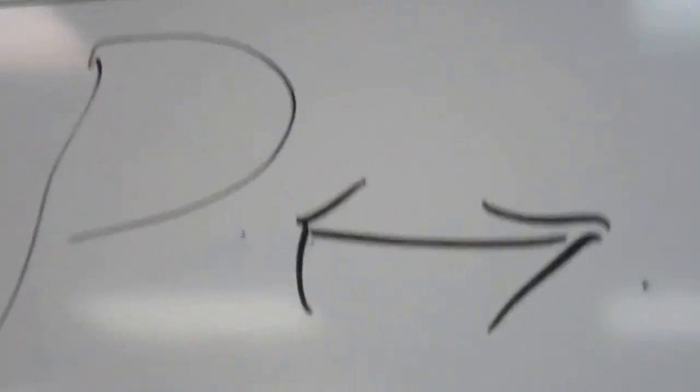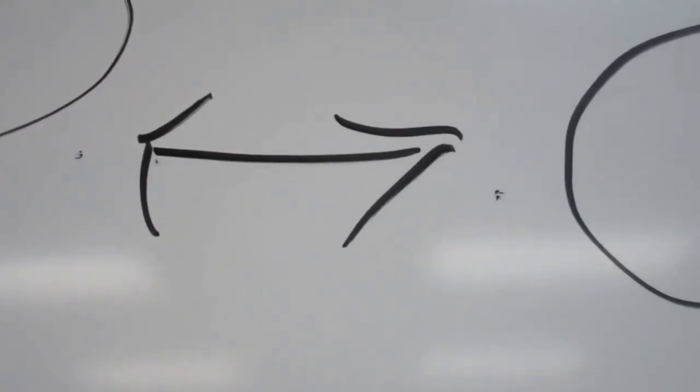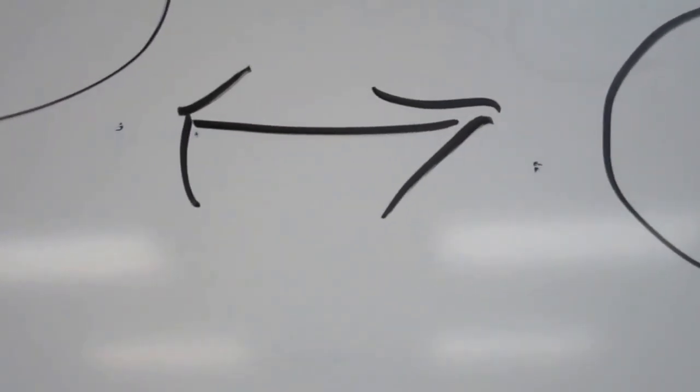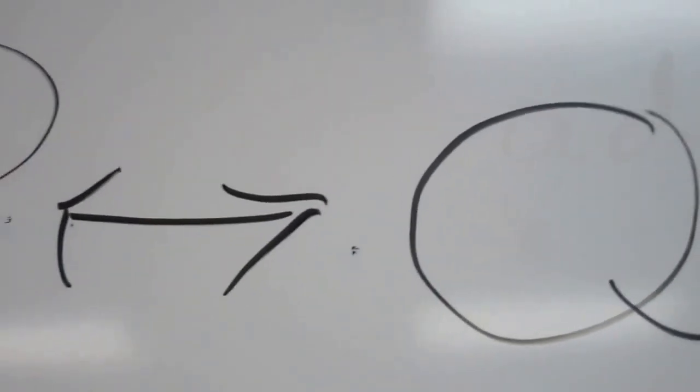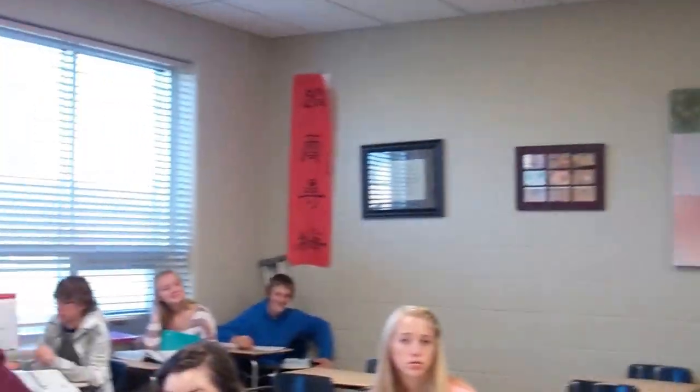If it was a single arrow, I would say if P then Q. Do you happen to know how to read that? This says P if and only if Q. It kind of says if P then Q and if Q then P are both good. It says it all in one shot.